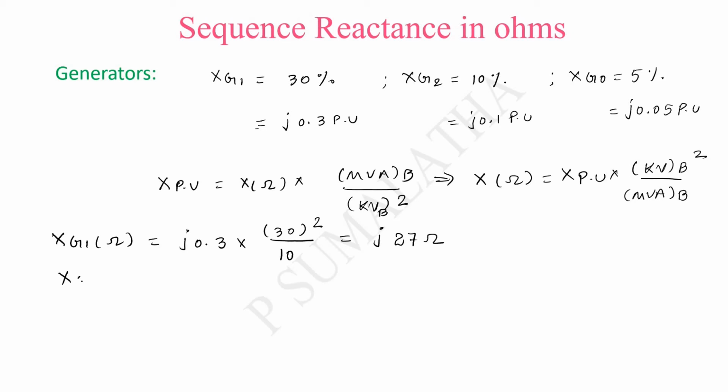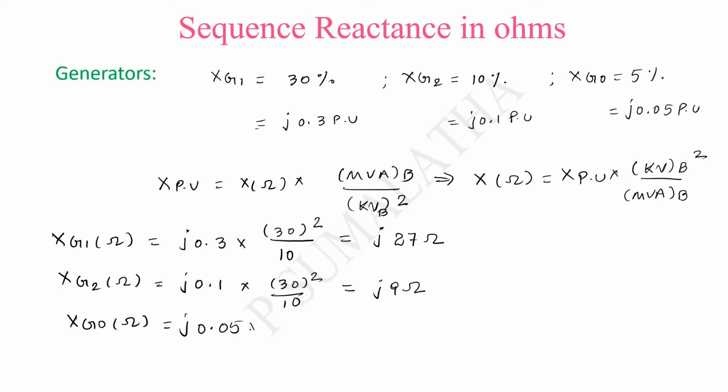Similarly, you can find Xg2 in ohms is equal to j0.1 into 30 square divided by 10, which gives j9 ohm, and Xg0 in ohms is equal to j0.05 into 30 square divided by 10, which is j4.5 ohms.